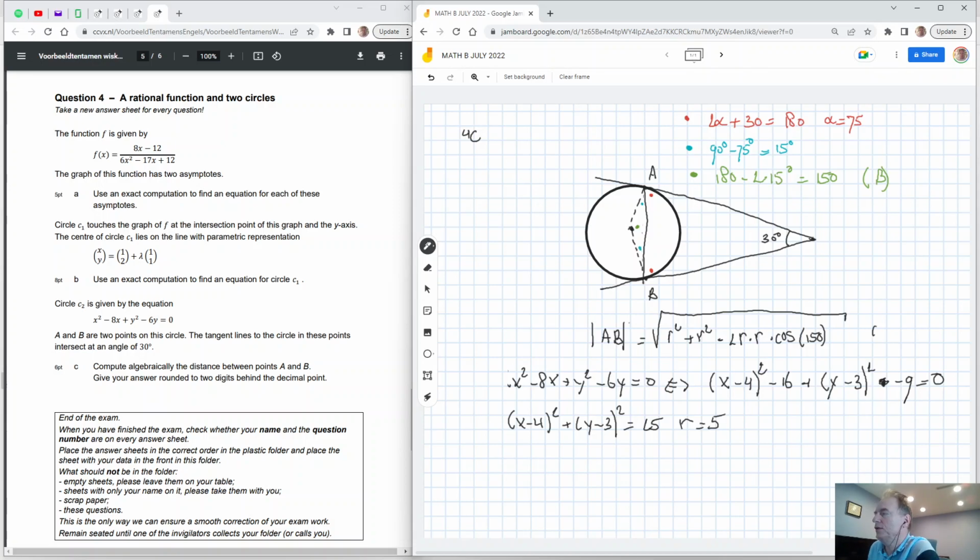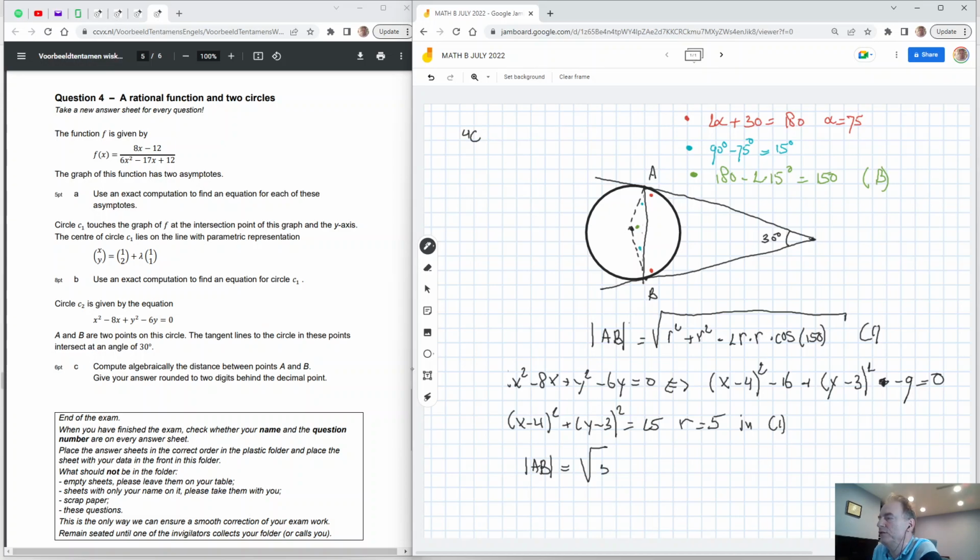So now I substitute this in, and I get the length of the segment AB is the square root of, this is 2 times r squared. R squared is 25.